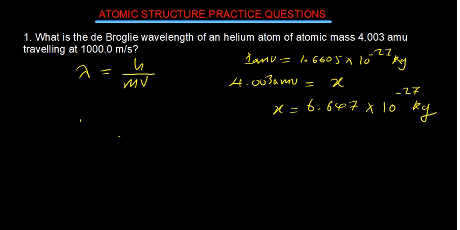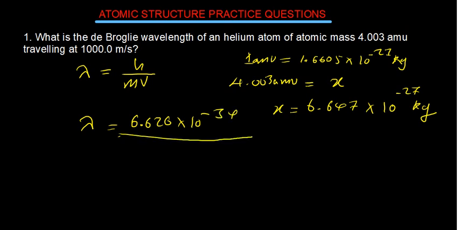So now we come here, the de Broglie wavelength is going to be Planck's constant, which is 6.626 times 10 to the power negative 34, divided by our mass, which we have found to be 6.647 times 10 to the power negative 27, multiplied by the velocity, which is 1000 meters per second.